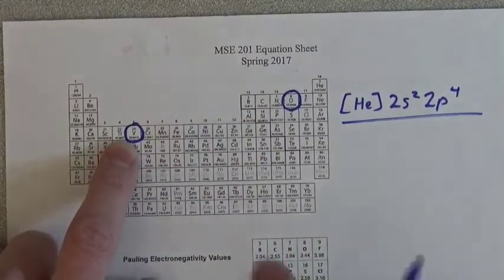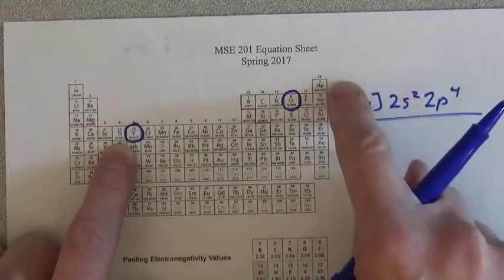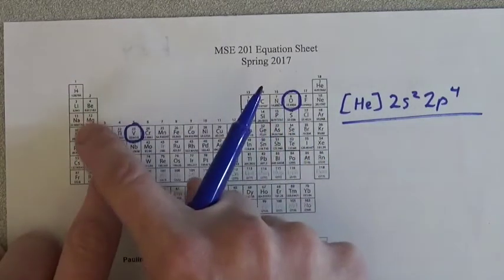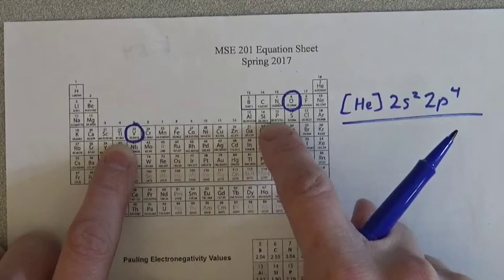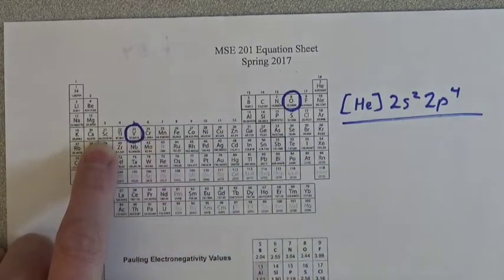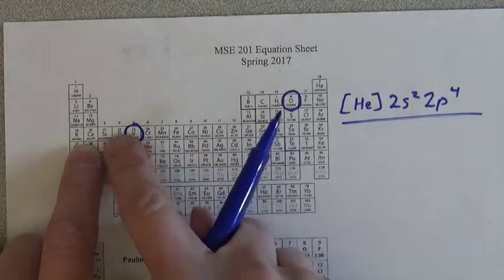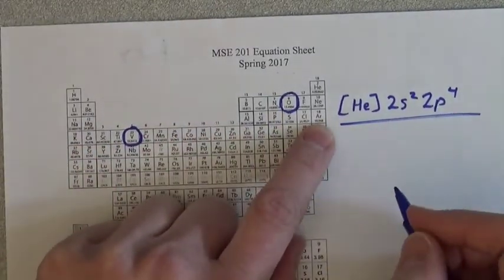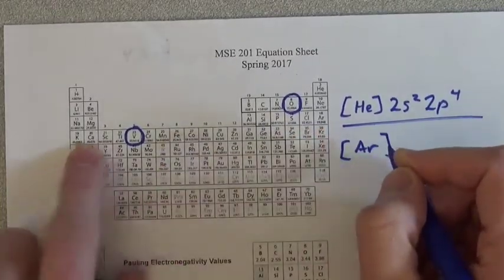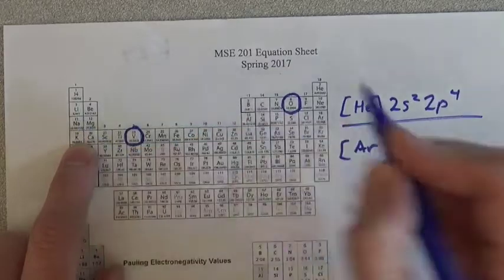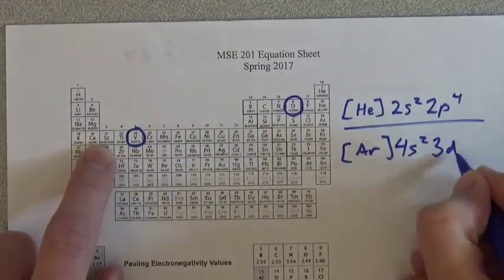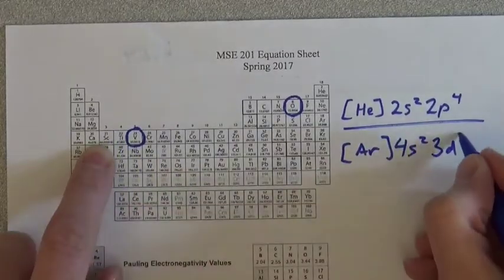Then vanadium. Vanadium has 1s filled, 2s filled, 2p filled, 3s filled, 3p filled, 4s filled, and part of the 3d filled. And in a compact notation, we'll reference it to argon, Ar, plus the 4s2, plus the 3d electrons, and we have 1, 2, 3 of those.